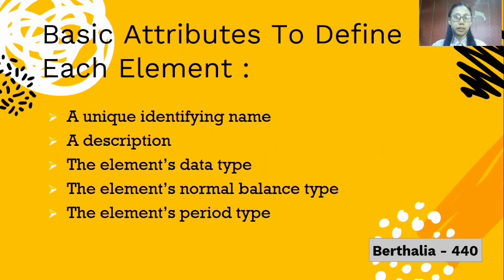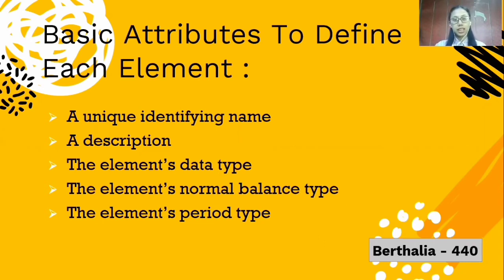So in this slide, we can see there are 5 basic attributes to define each element. The first is a unique identifying name, that is a name that's used by the software, and the second is a description, that can be used to correctly interpret the element.